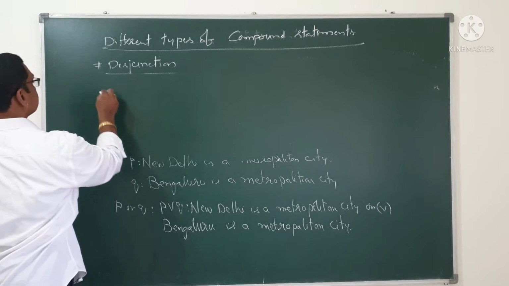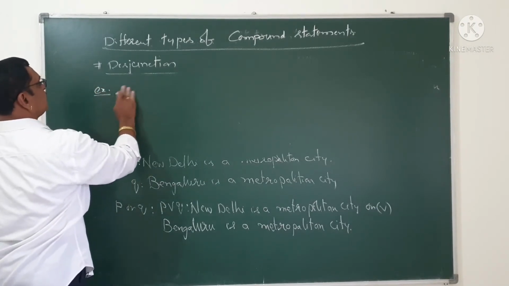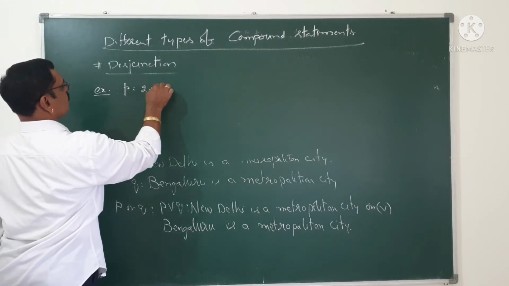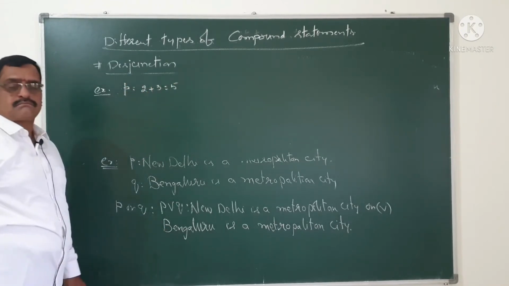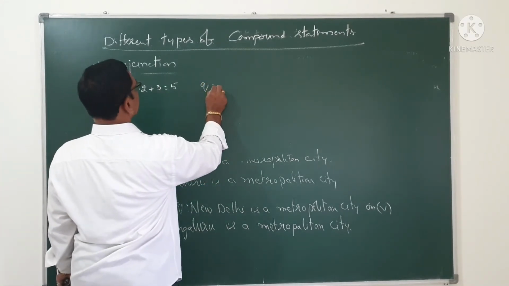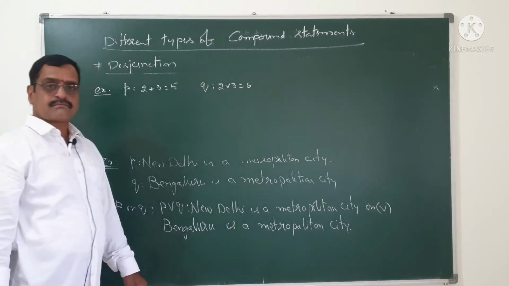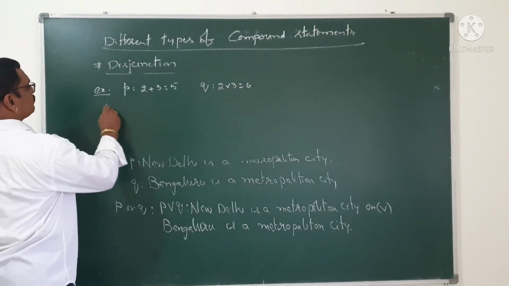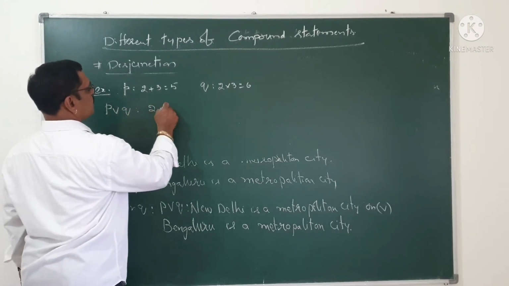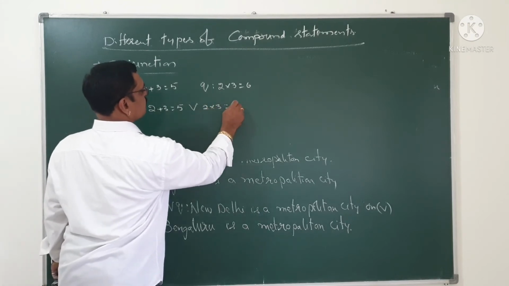Another example. Say P is a statement, very simple: 2 plus 3 is equal to 5. Q: 2 into 3 is equal to 6. Therefore, P or Q is nothing but 2 plus 3 is equal to 5 or 2 into 3 is equal to 6.